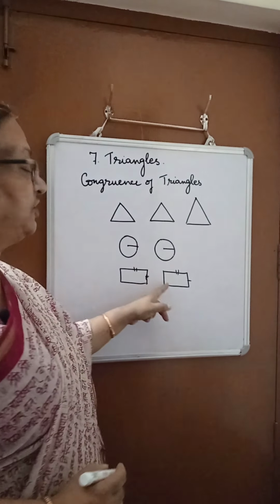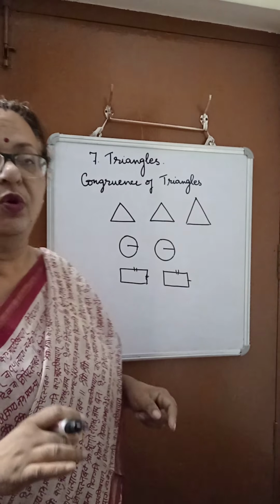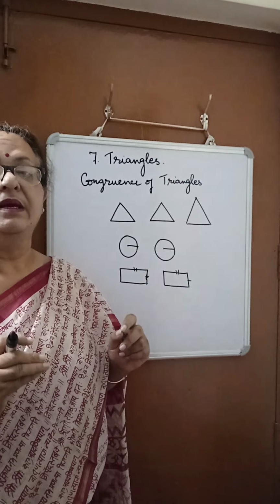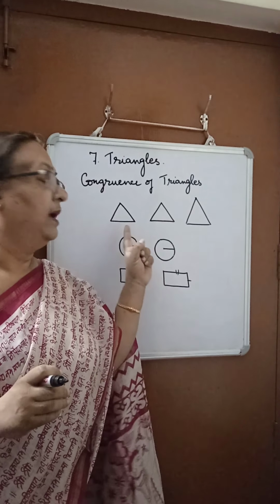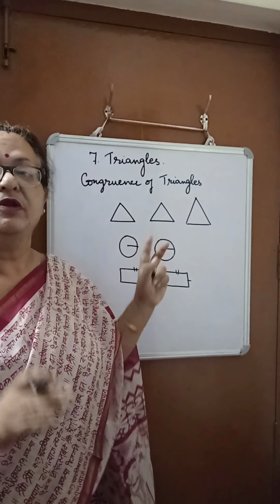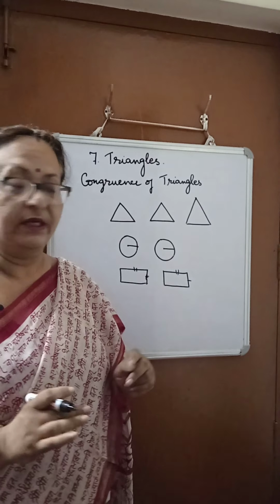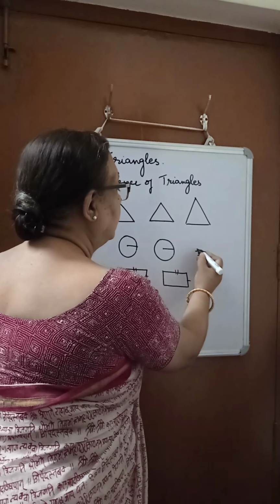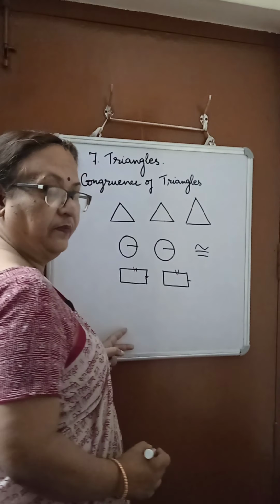The two figures will be congruent. So congruent basically means exactly the same size and shape as the first one. This sign represents congruent.